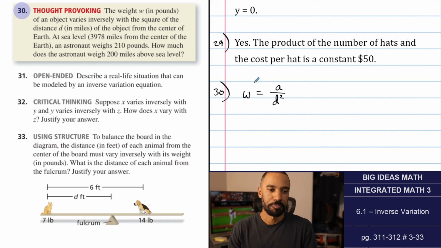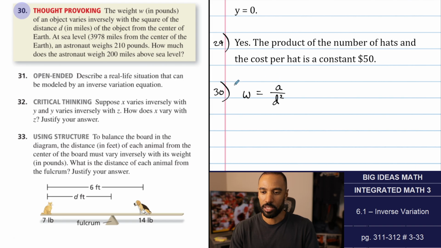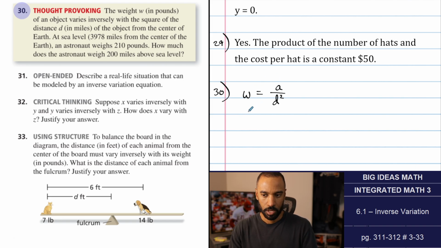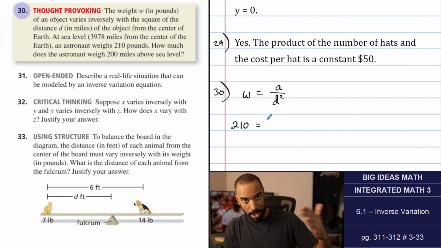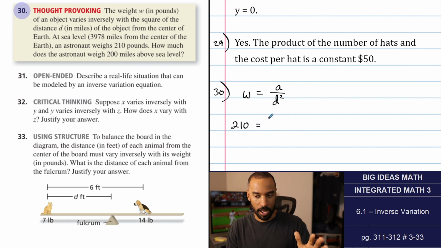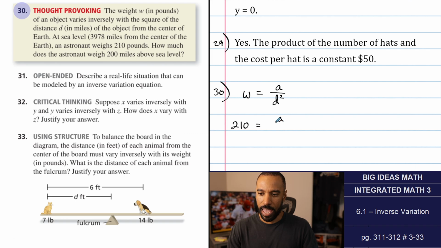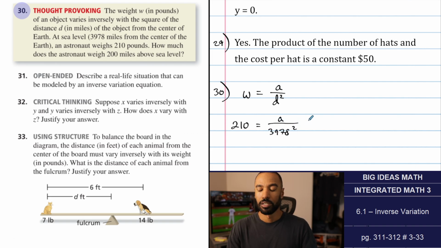At sea level, that many miles from the center of the Earth, an astronaut weighs 210 pounds. By the way, weight and mass are two different things. Your mass should be a constant amount anywhere in the universe; your weight is based on Earth's gravitational pull. So we're dividing A by 3978 squared.